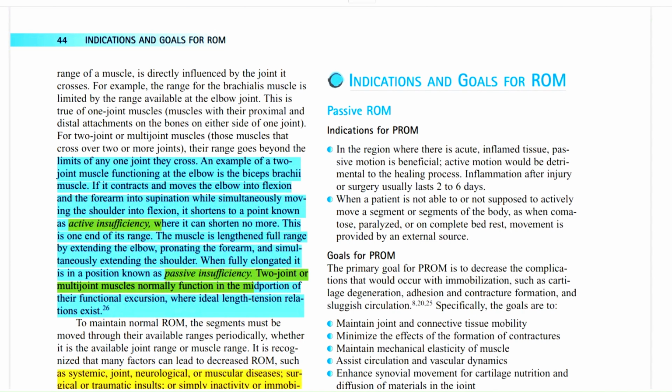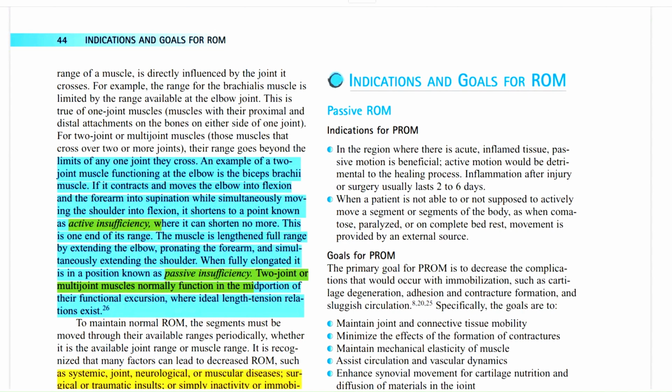After that, you perform the shoulder flexion. When you perform both of them together, it reaches a point where you cannot shorten that muscle further. That means it has some insufficiency in performing the shortening, so it is called active insufficiency.